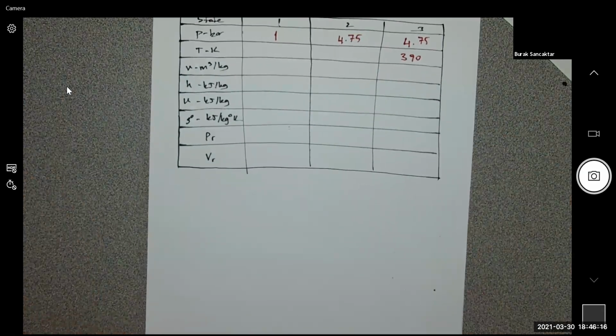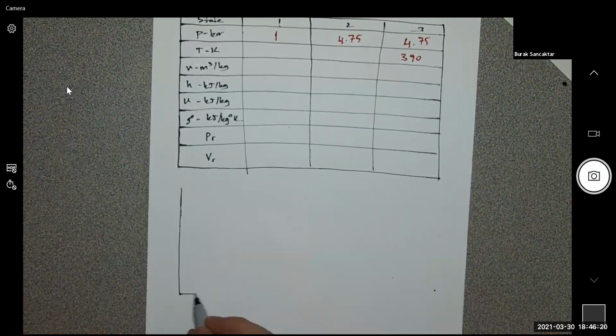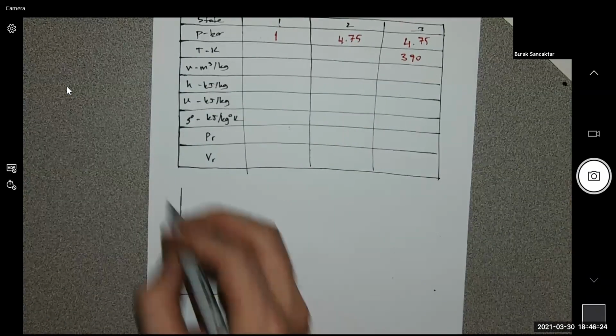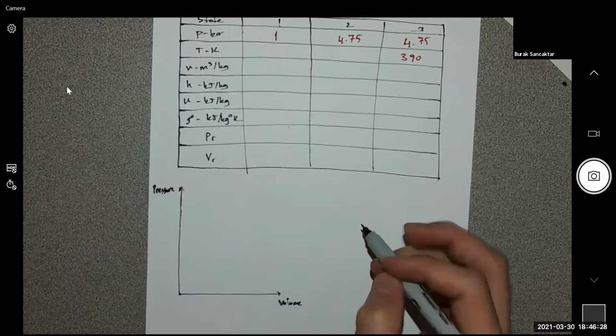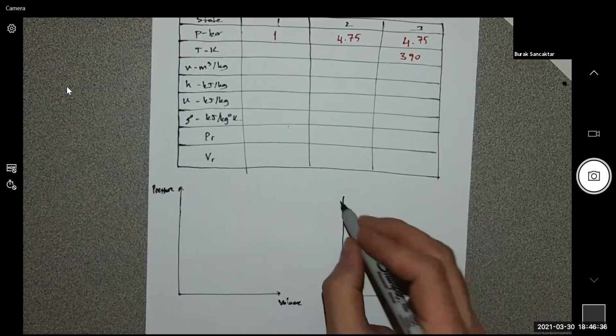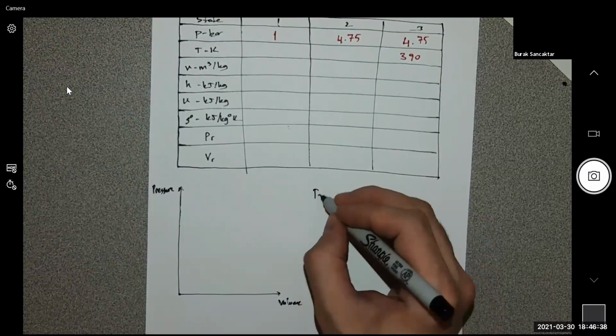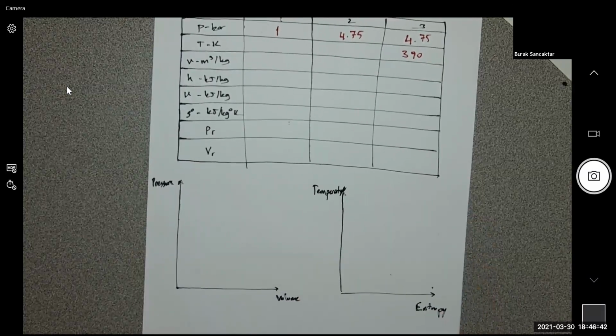Okay. Let's move on to our PV and TS diagram. Entropy, temperature, right?